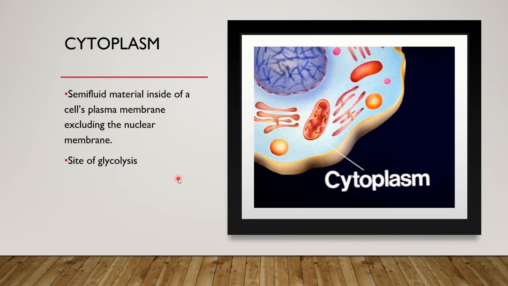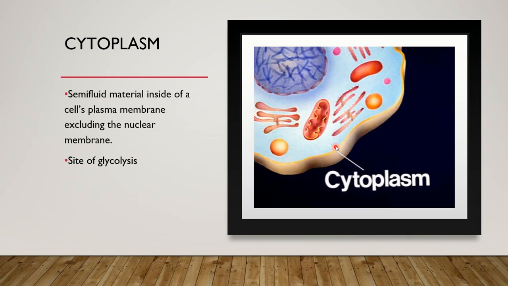One thing not considered an organelle, but the jelly-like substance or semi-fluid material that actually contains and houses the organelles in a cell, is called the cytoplasm. This is an important area of the cell. As you can see, it's this jelly-like material.